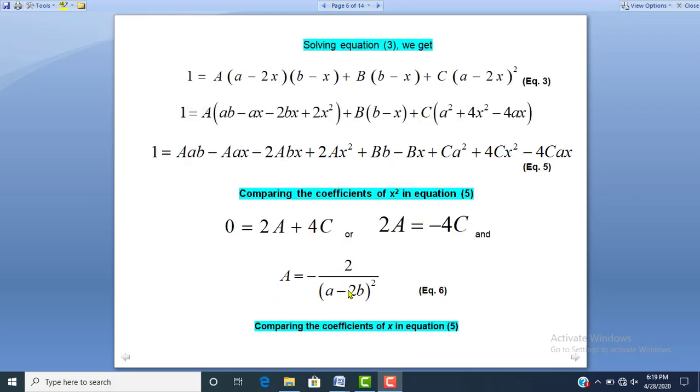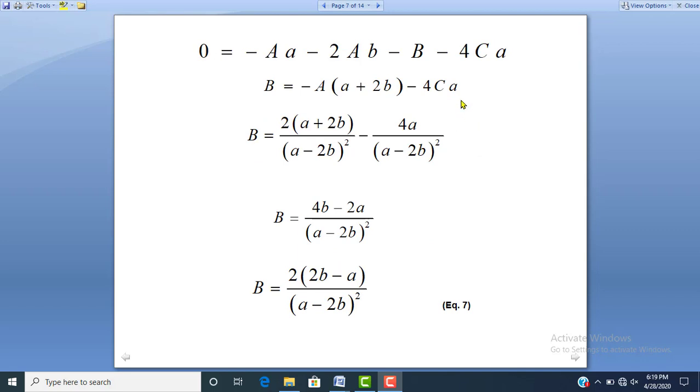Put this value of c in this equation. So you will get b is equal to 4b minus 2a by multiplying this term, divided by a minus 2b square, because a minus 2b square is the simple LCM. So the resultant will be 4b minus 2a.